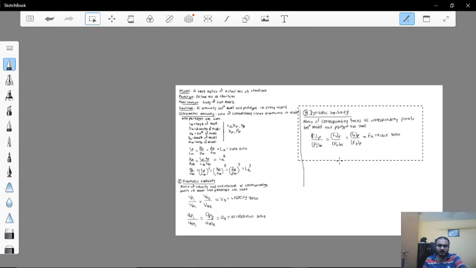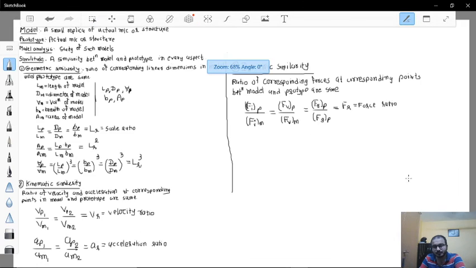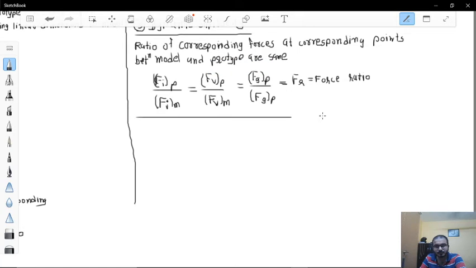Let's move forward with our next topic, that is types of forces acting on a moving fluid.